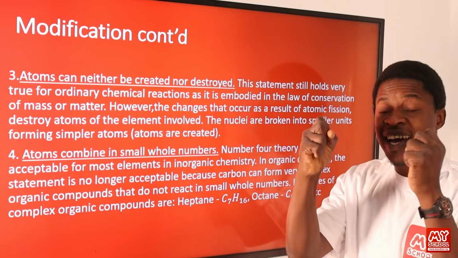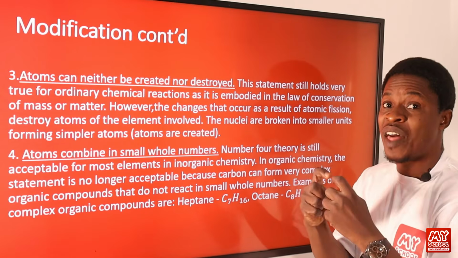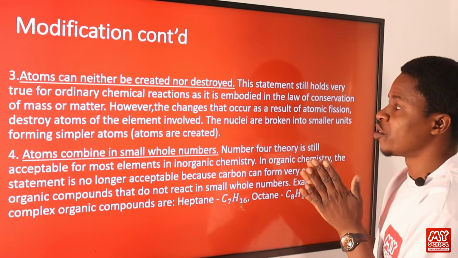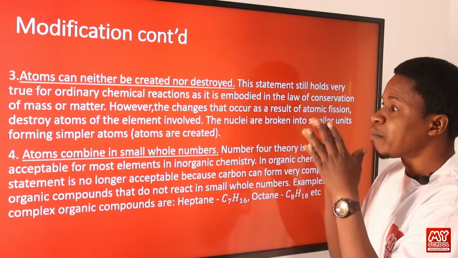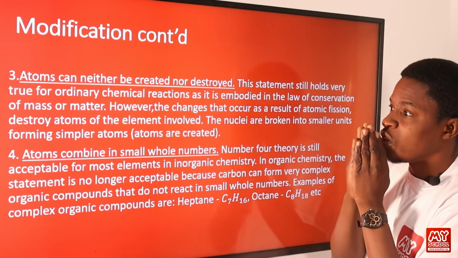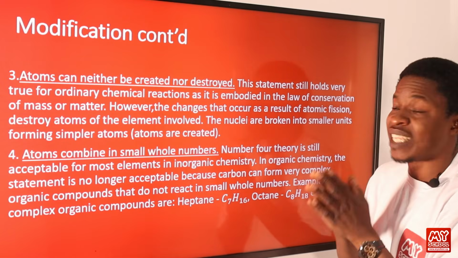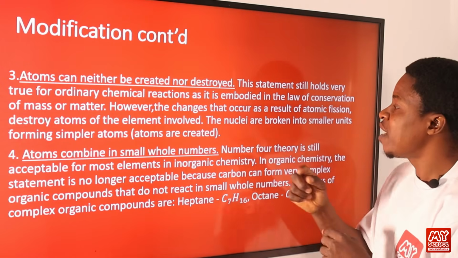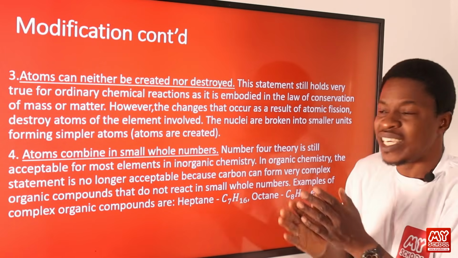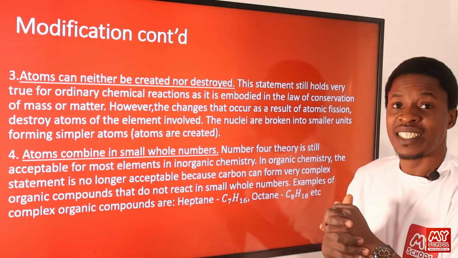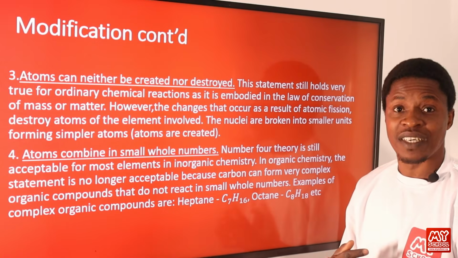We have a bigger atom of an element that undergoes radiation and then splits into smaller ones. So we discover that in atomic fission, the radiation will destroy the atoms of that particular element that is involved, and then the nuclei will be broken down into smaller units to form simpler atoms, and then it means that atoms are eventually created. But this is saying that atoms can neither be created nor destroyed.